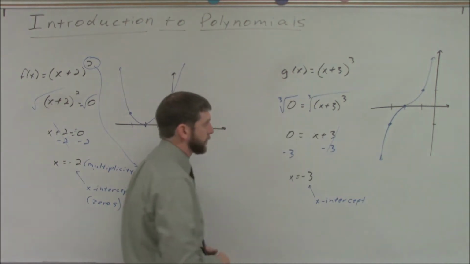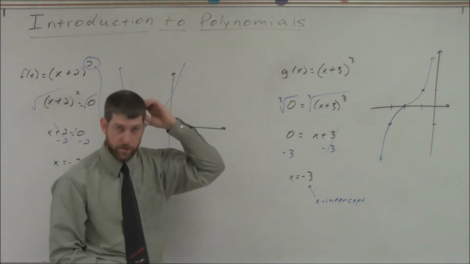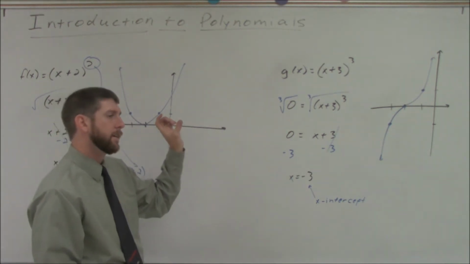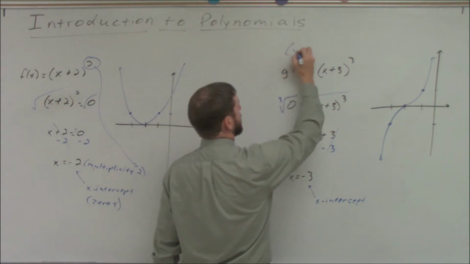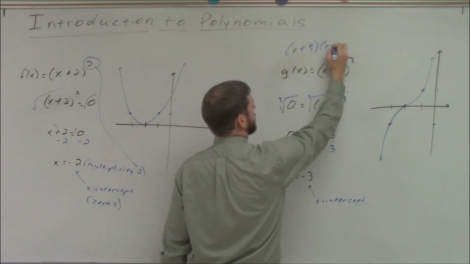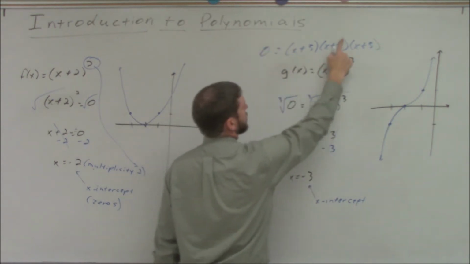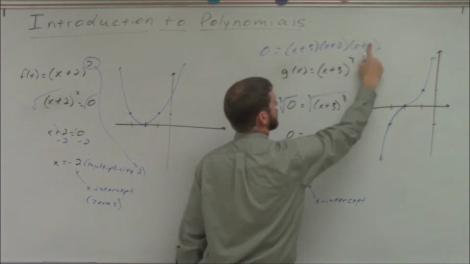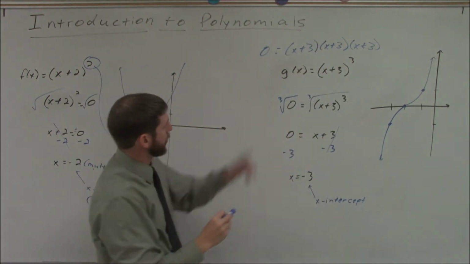For this cubic right here, x plus 3 cubed, the same idea happens. I get this -3, but it was x plus 3, x plus 3, x plus 3, as we looked at with the x plus 3 cubed earlier. So that x equals -3 actually occurred 3 times. So I have x plus 3 three times, and all of them were equal to 0.